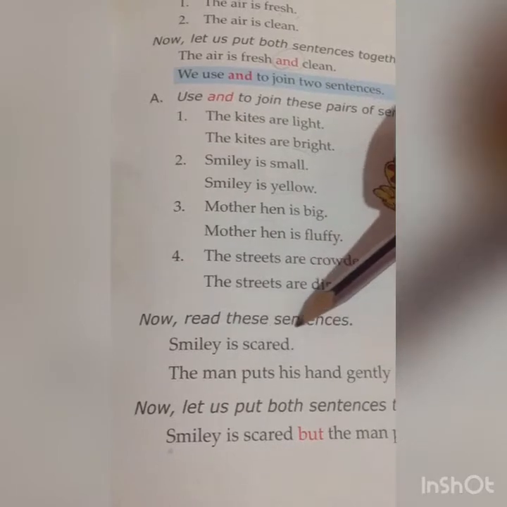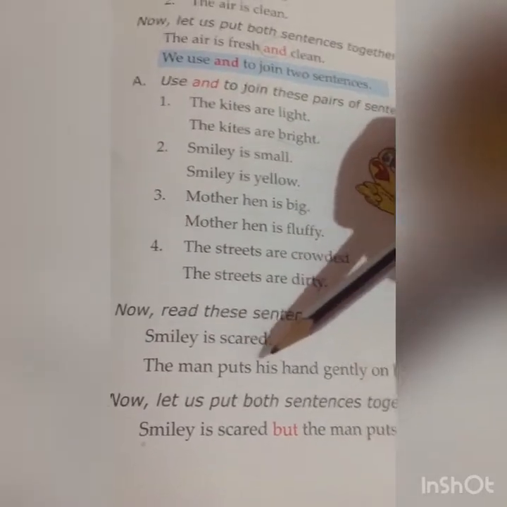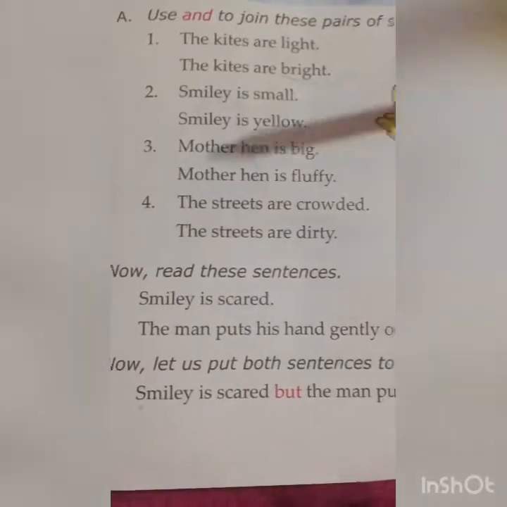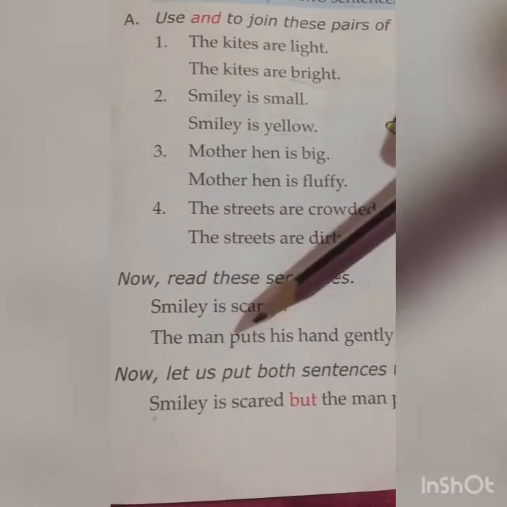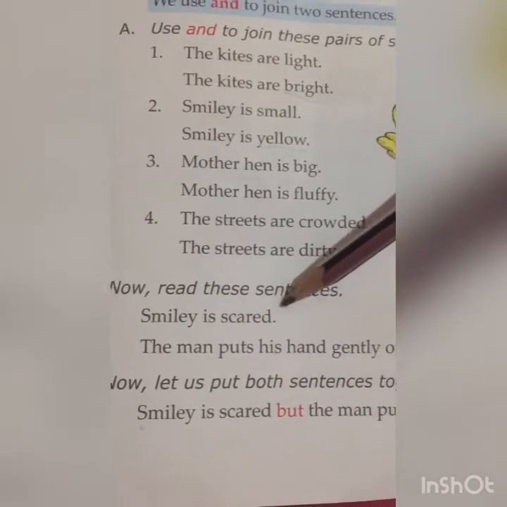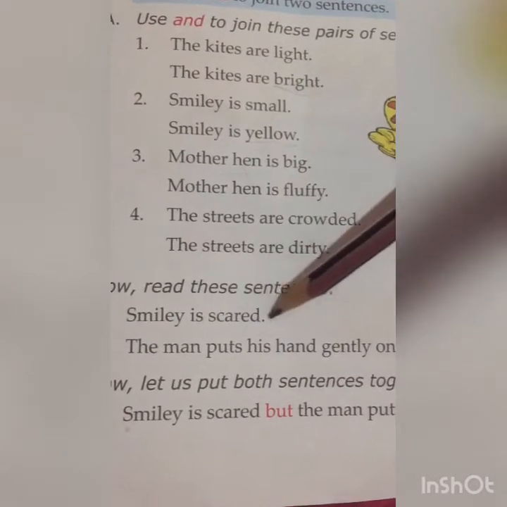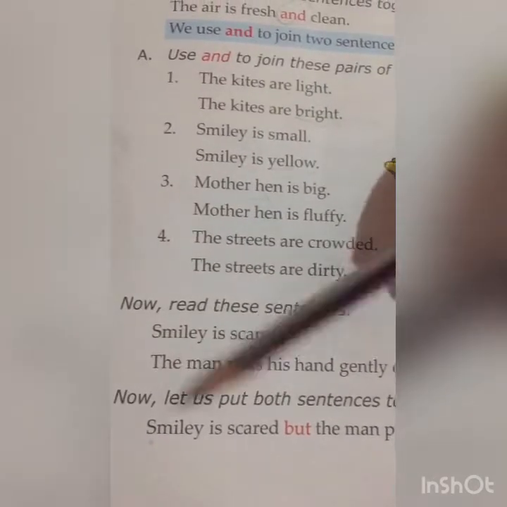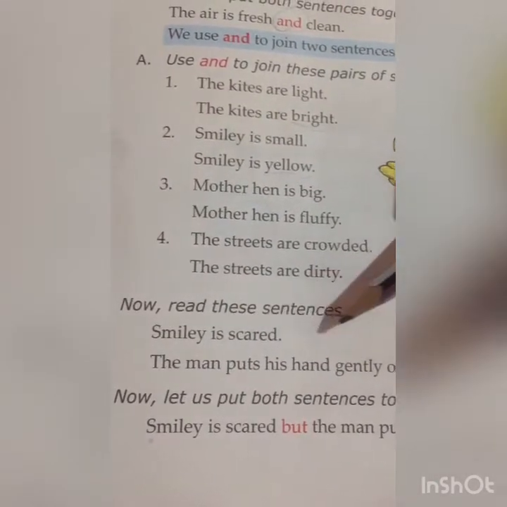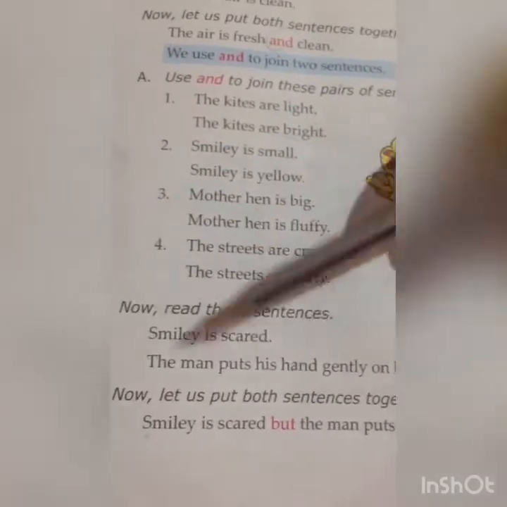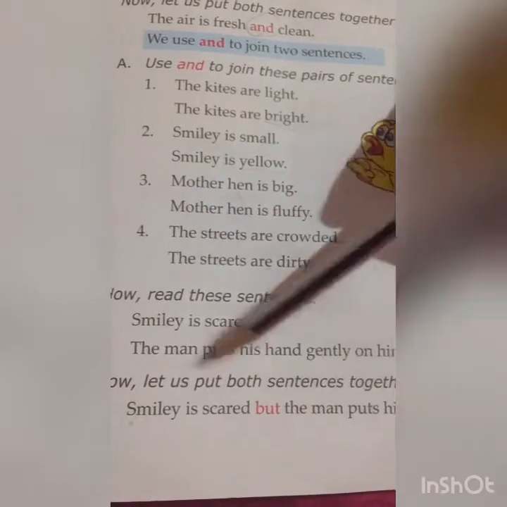Next one, now read these sentences. Smiley is scared. The man puts his hand gently on him. Okay, now by adding but we can read both the sentences together. Smiley is scared. The man puts his hand gently on him. How do we write it?